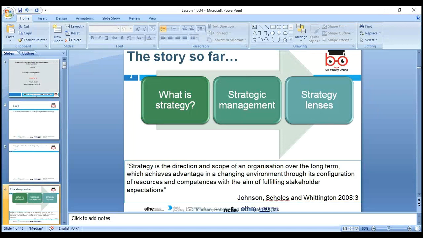We know strategy is the direction and scope of an organization over the long term, which achieves advantage in a changing environment through configuration of resources and competencies, with the aim to fulfill stakeholders' expectations. We are changing to fulfill the stakeholders' expectations in this changing environment.